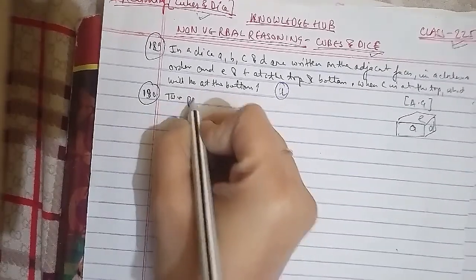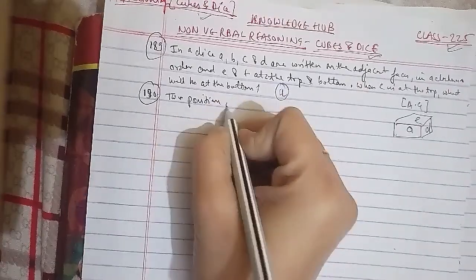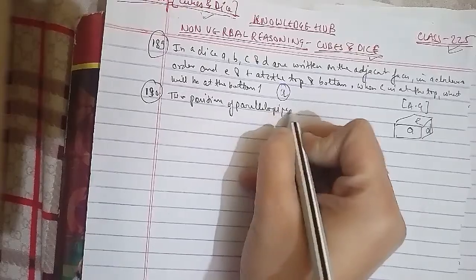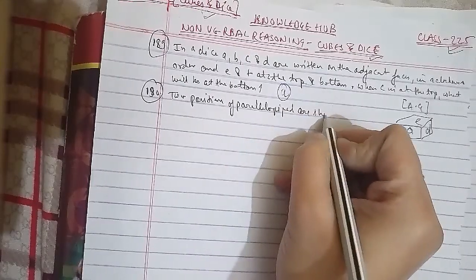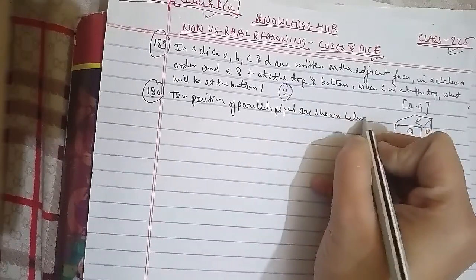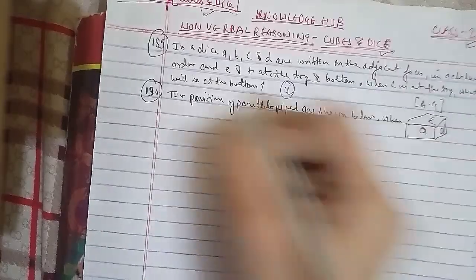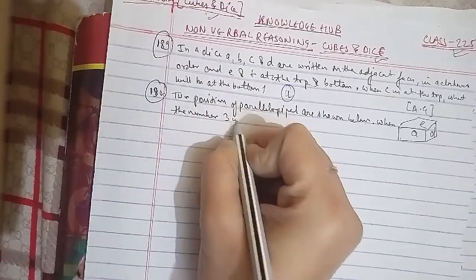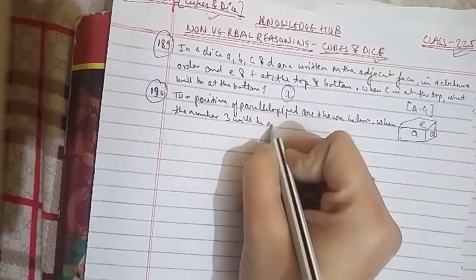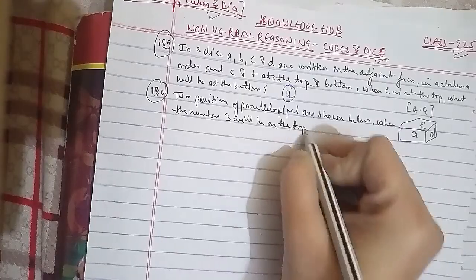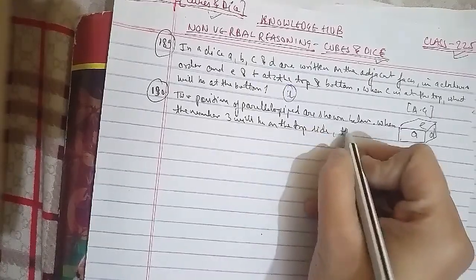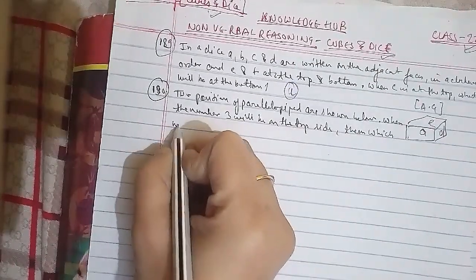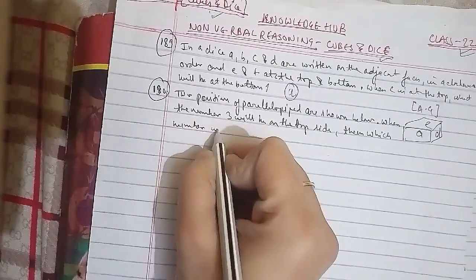When the number 3 will be on the top side, then which number will be at the bottom? This is the question here. This has been asked in the income tax and central excise examination paper. So this is the important one, and the options are 1, 4, 5 and 6.